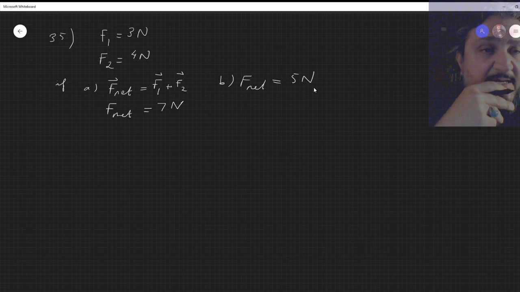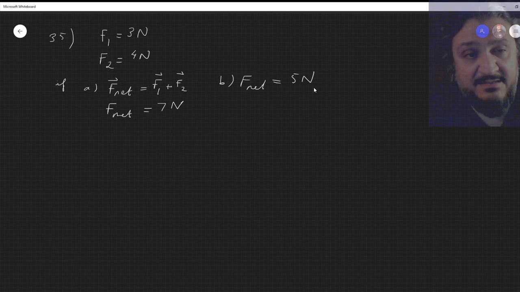Now obviously F1 and F2 are simply added in part A. I mean you don't even have to do anything, right? 3 plus 4 is 7. There's not really much to do there. For part A, they must be in the same direction. 3 newtons in this direction, and then 4 newtons in the same direction.